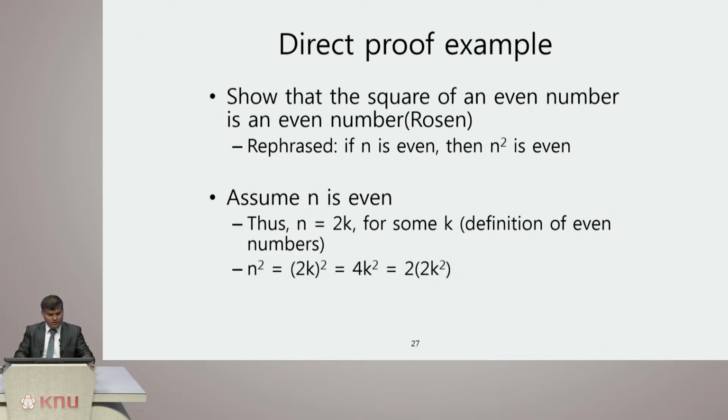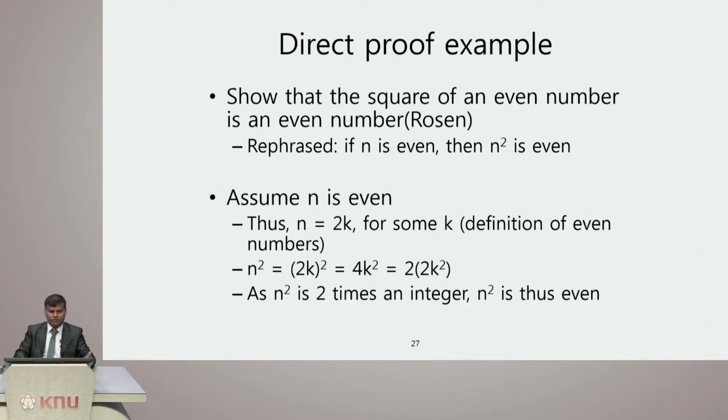n square equals (2k) the whole square, that equals 4k square, and that again equals 2 times 2k square. When you say 2 times something, that means it is an even number.